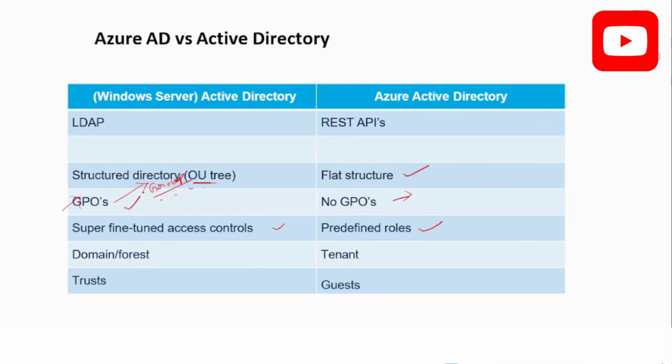On-prem AD works with domain and forest, while Azure AD has only a tenant, and the user side has guest users and trusted users. So this is the basic difference between on-prem AD and Azure AD.